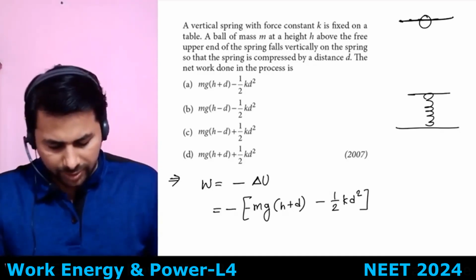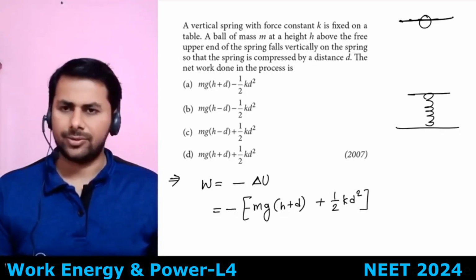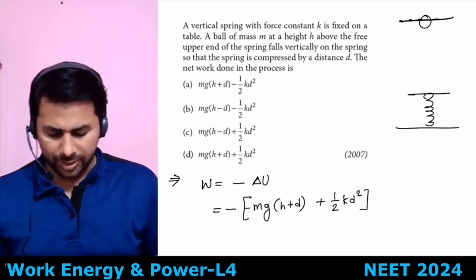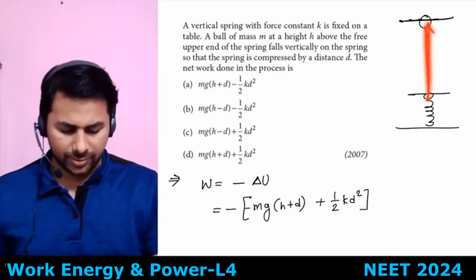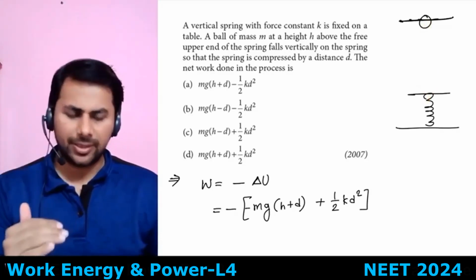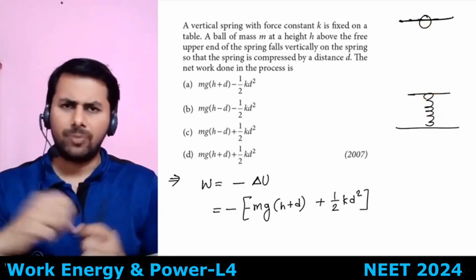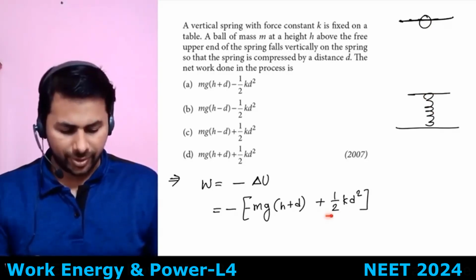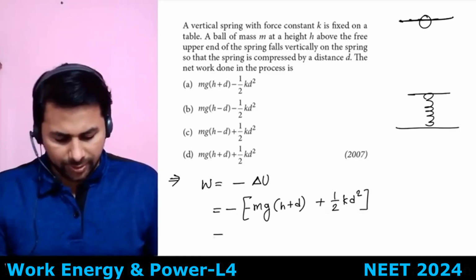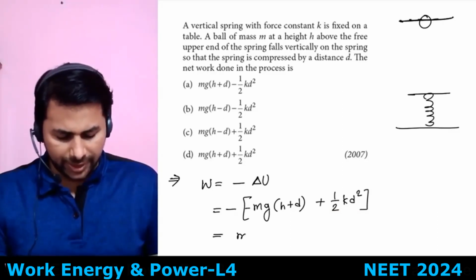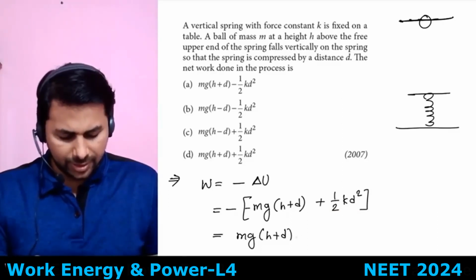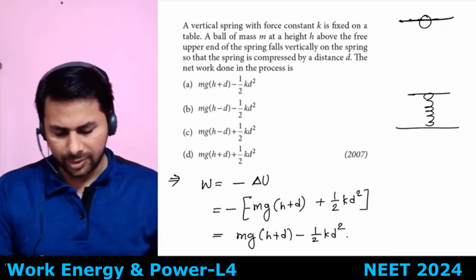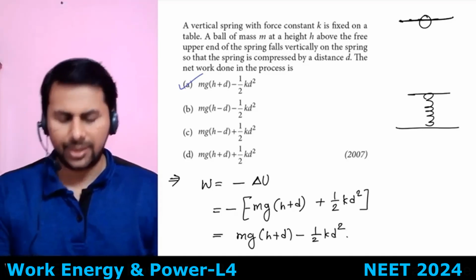Sorry, this one was negative, this one is positive. Because this one is falling, its potential energy will decrease, and here you have compression, so potential energy will increase. So therefore minus minus becomes plus mg(h plus d) and minus half kd square. This is the answer. It's option A.